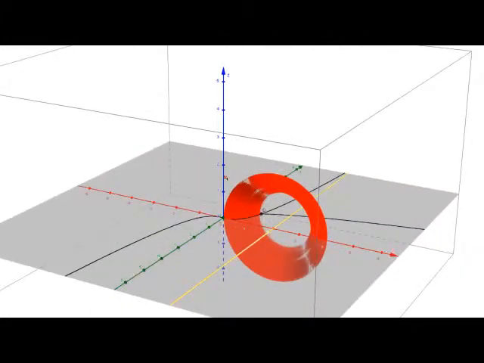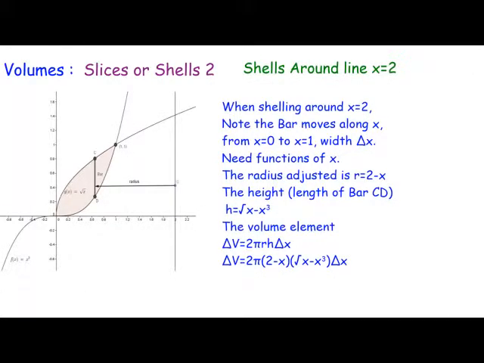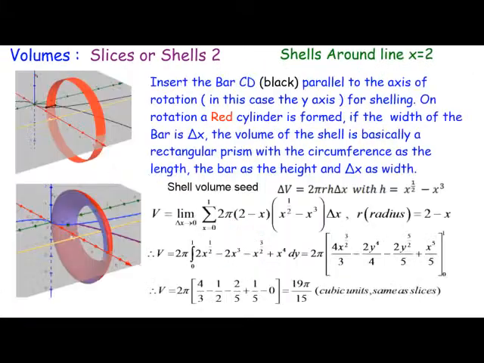Let's look at some of the calculations involved in this. We've done a few before. You can see here the bar is parallel to the axis of rotation, in this case x equals 2, and a cylinder is formed.